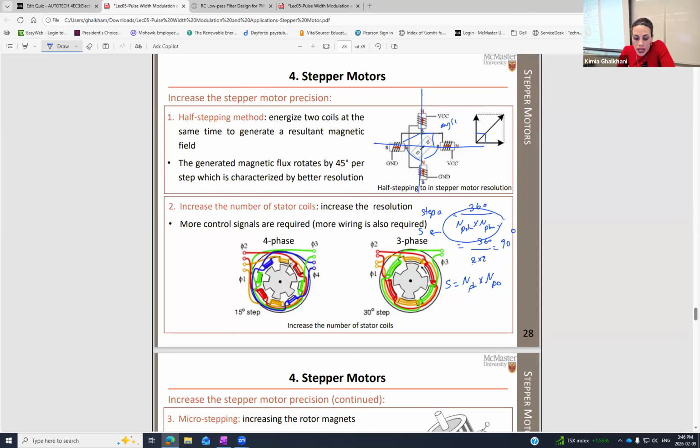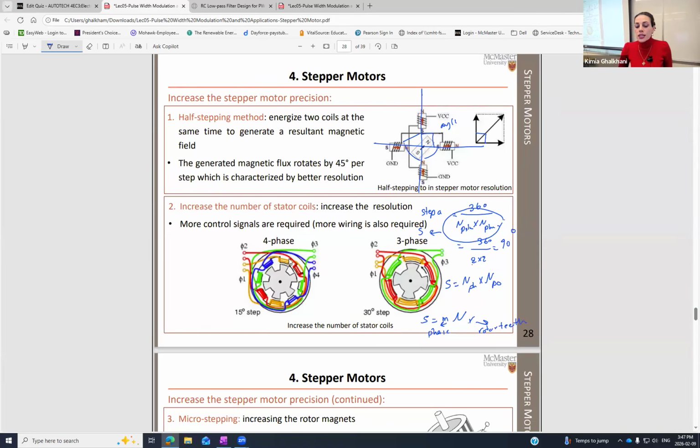Or I can say S is M times NR. Then in that case, NR means number of rotor teeth, and now I'm going to introduce what is rotor teeth. This is number of rotor teeth. M is the number of phases. This is my phase, and this is rotor teeth.